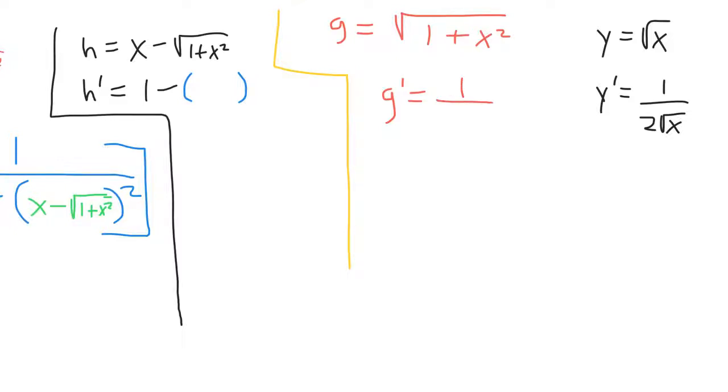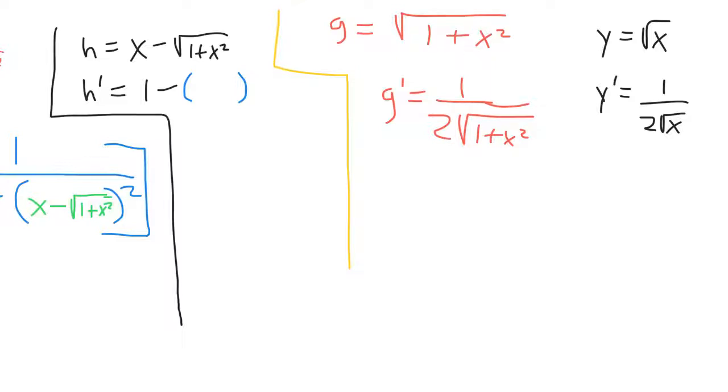It's going to be 1 over 2 radical 1 plus x squared. But we have to be careful because this is a chain rule, because the bottom line is this is not that. This is a mutant inside the radical symbol. This is not. This is a normal x inside the radical symbol. Normal situation. This is a ridiculous mutant underneath the radical symbol.